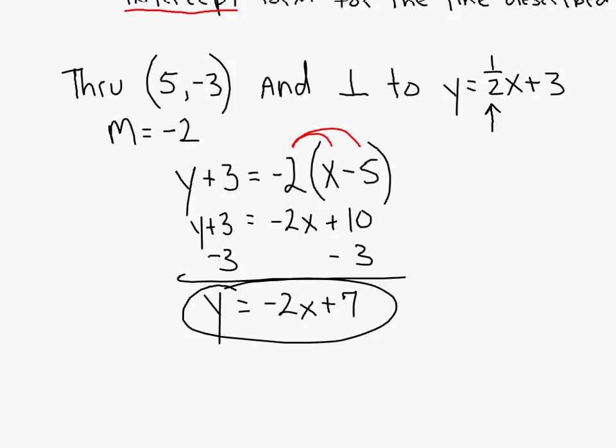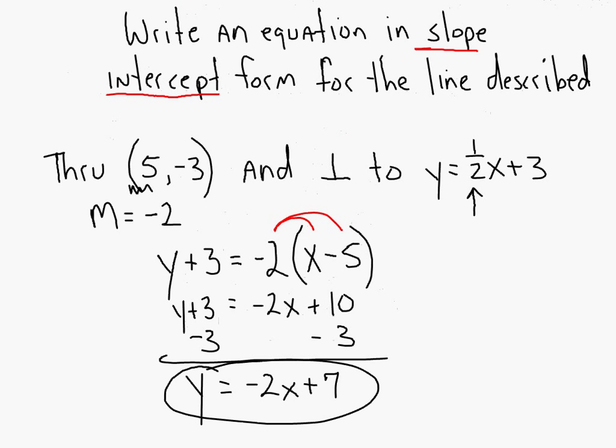So look at what you did. You took the given information. You used this point, and you got a slope from the existing line. They asked for a line perpendicular to it, so you use the negative reciprocal of the slope given. That's the slope of the new line.